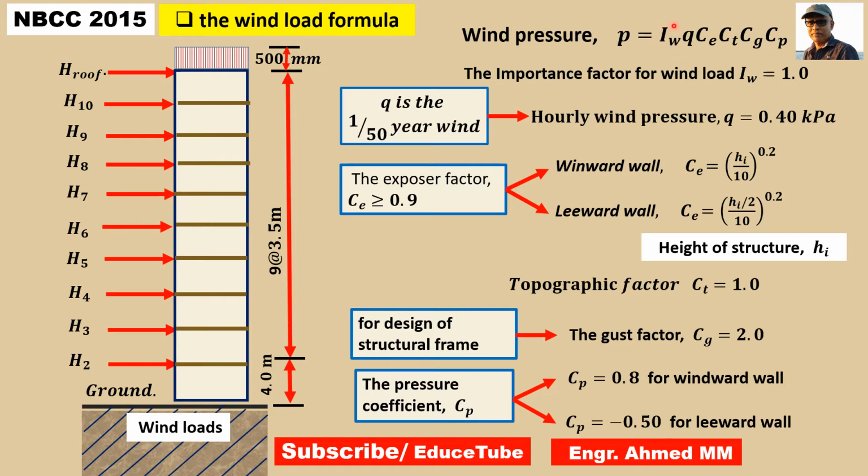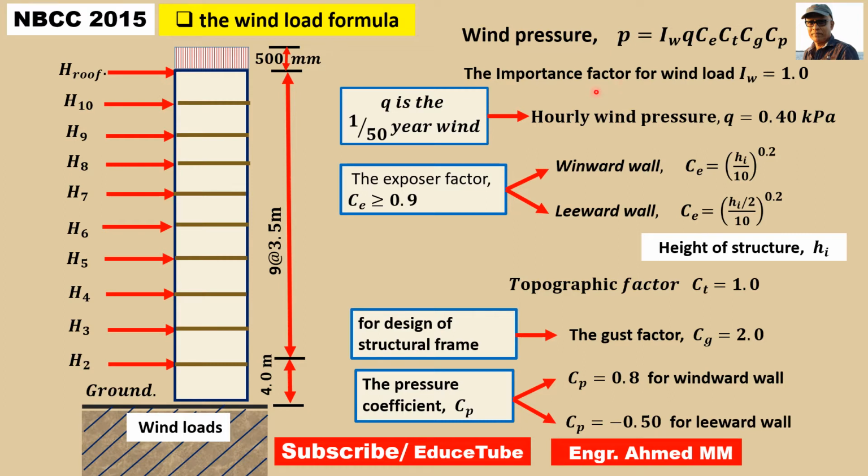This is IW, importance factor for wind load. For a normal building, we assume it as 1. Then q. q actually is the reference velocity pressure by geographic location, I mean at different places in a country.